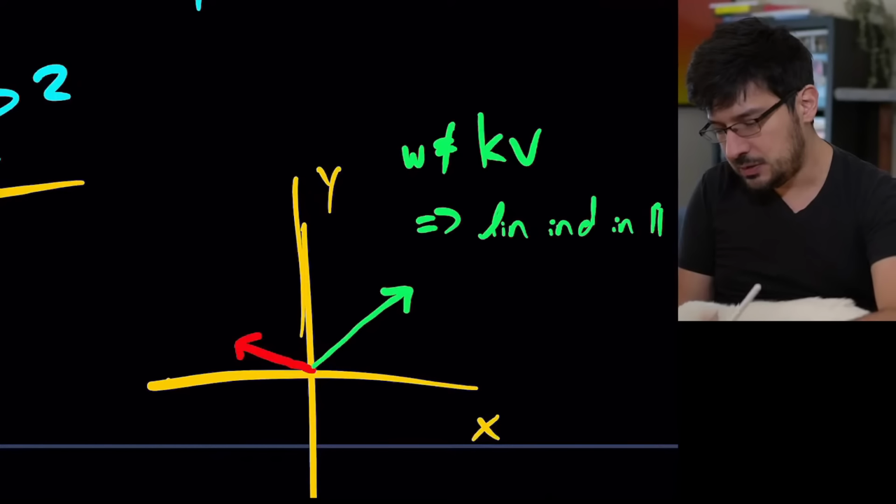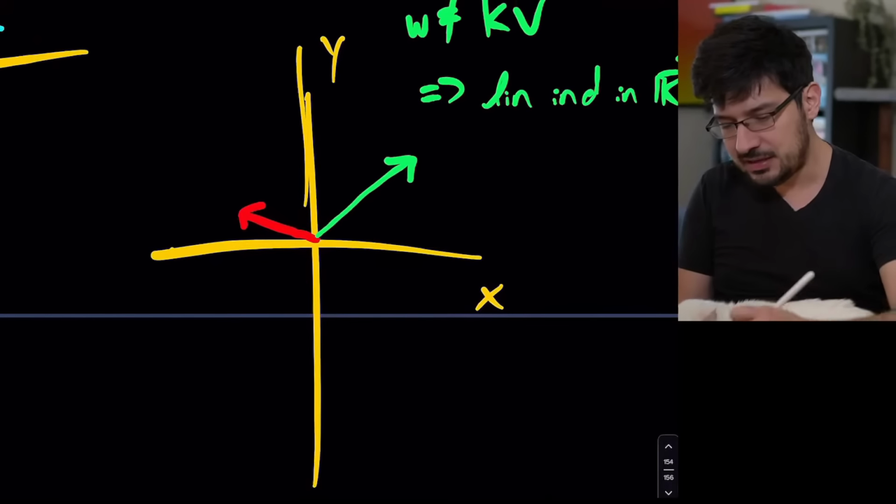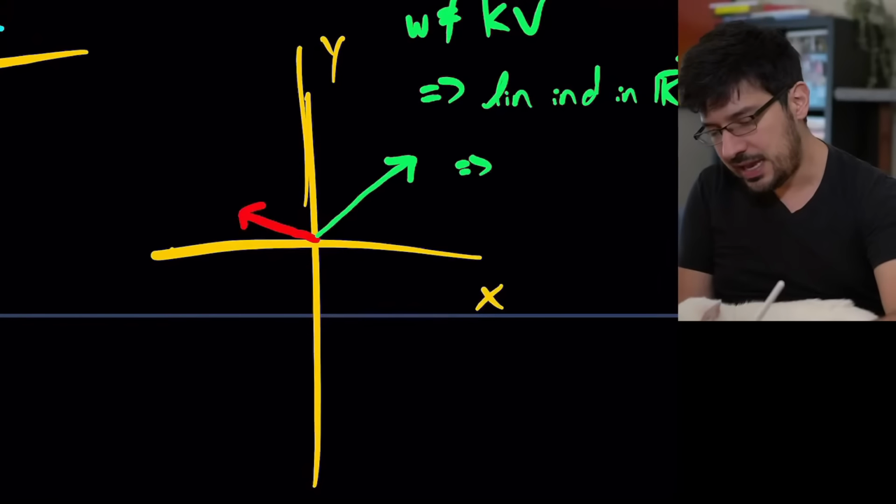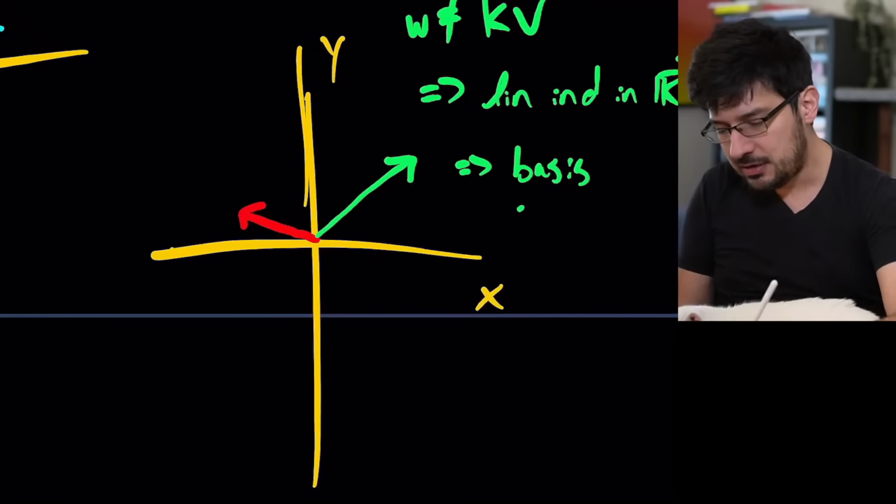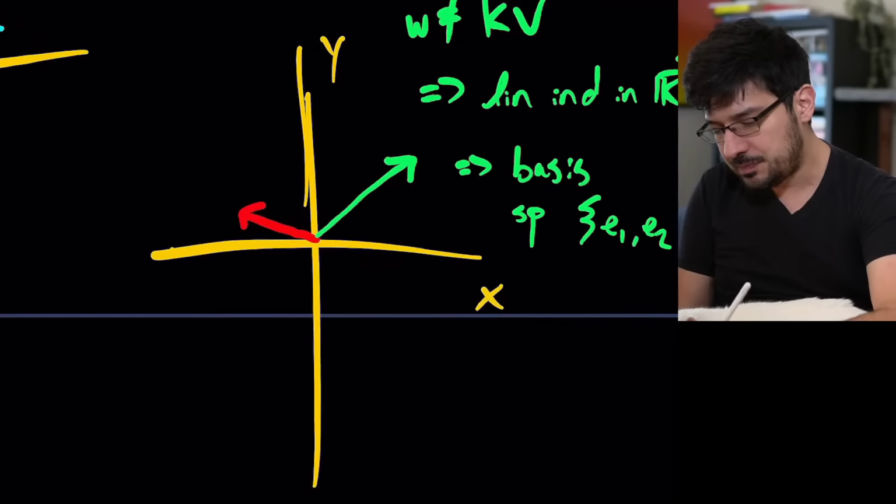in R2. And since they're linearly independent, a basis for the span is going to be the set E1, E2.